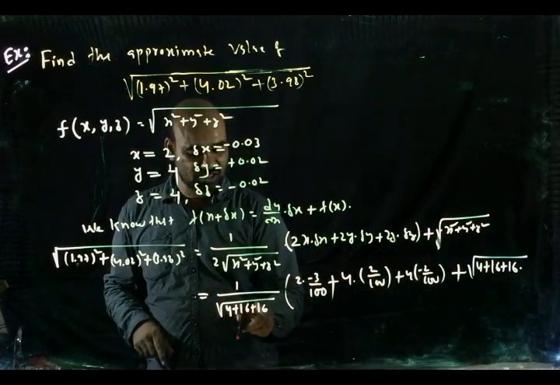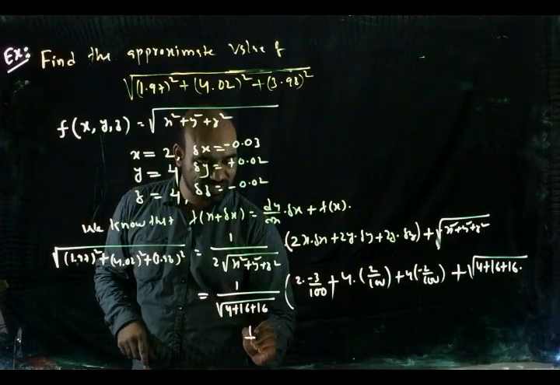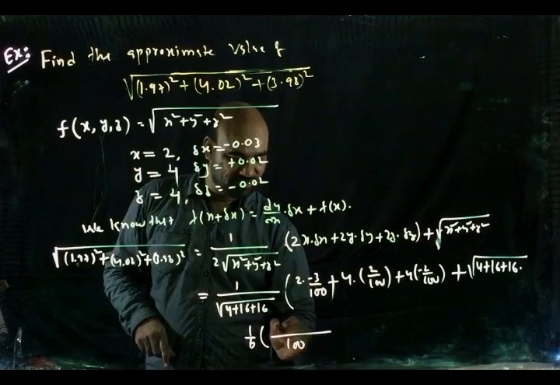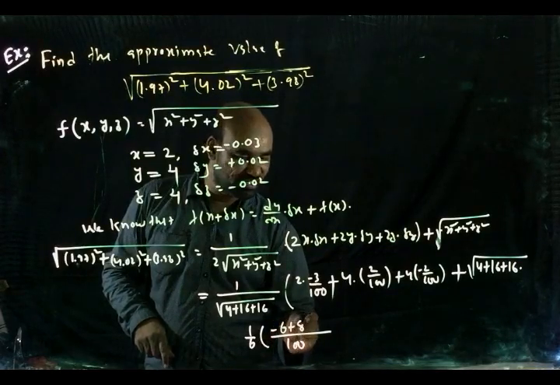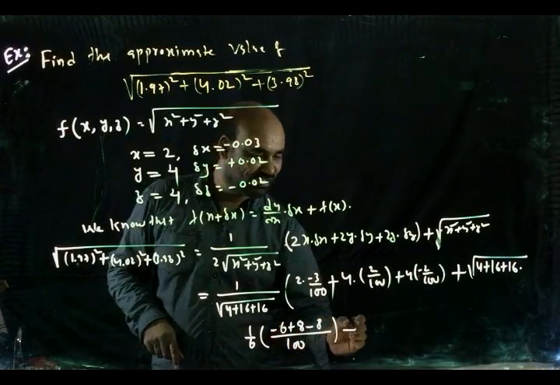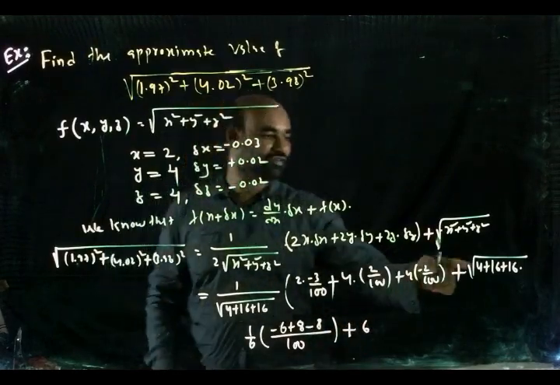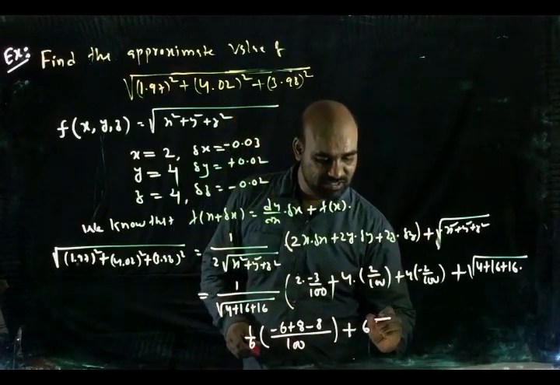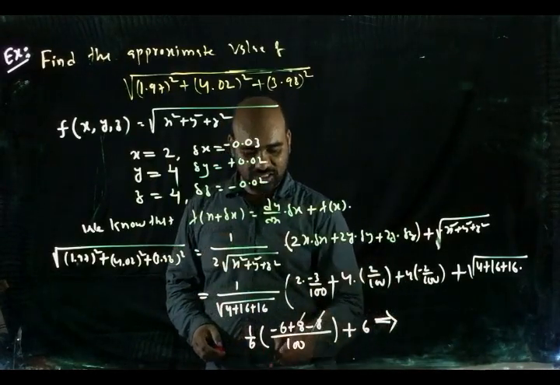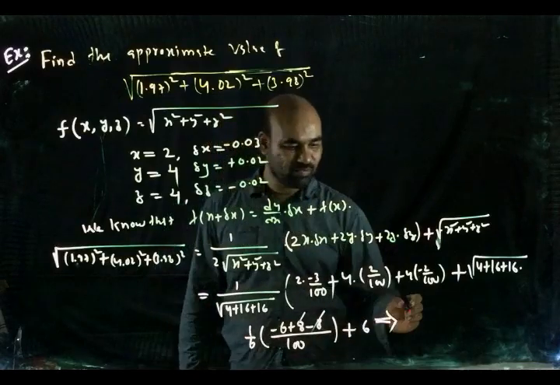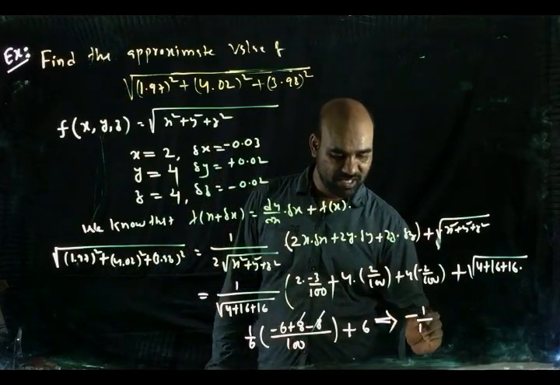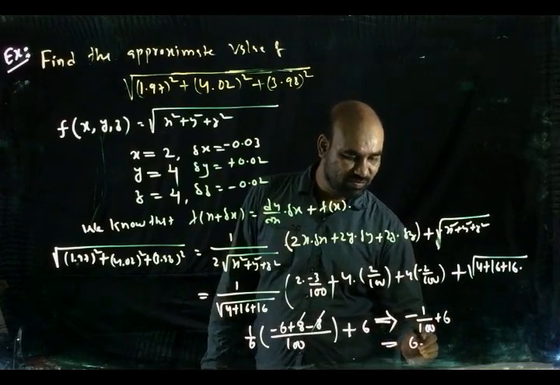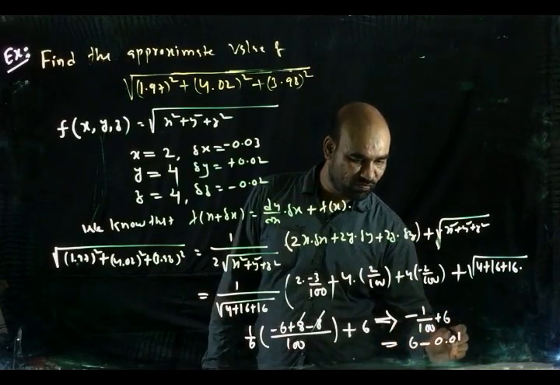See here, this is 6, 1 by 6 times of 100 LCM here, minus 6 plus 8 minus 8 plus 6, this one again 32 plus 4. So this implies 8 gets cancelled, 6 gets cancelled, minus 1 by 100 plus 6, that is equal 6 minus 0.01.